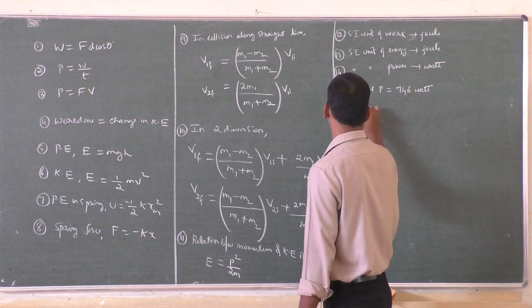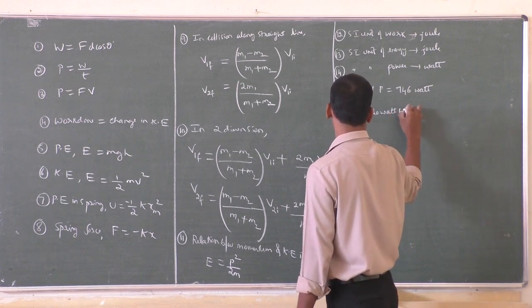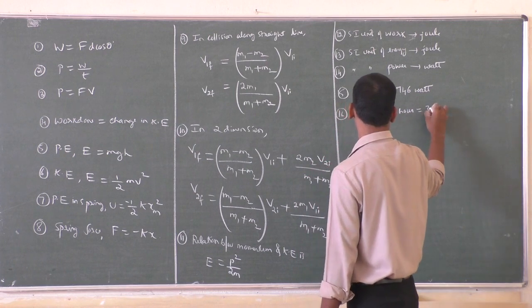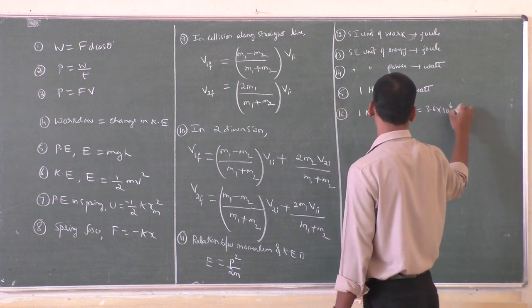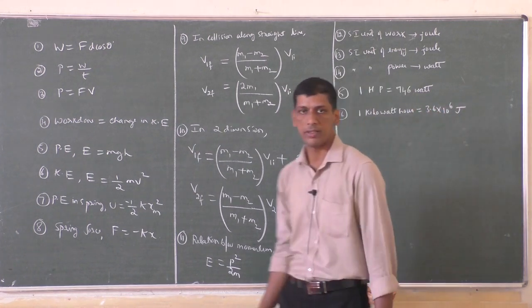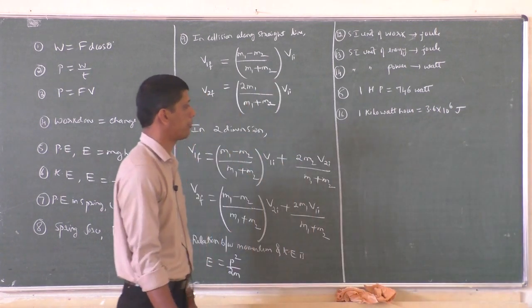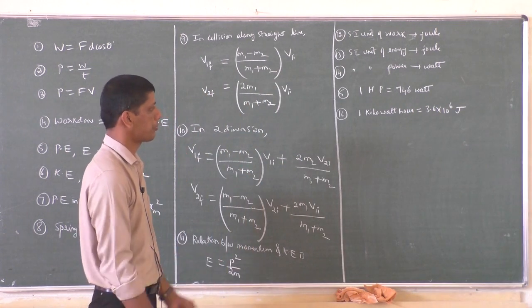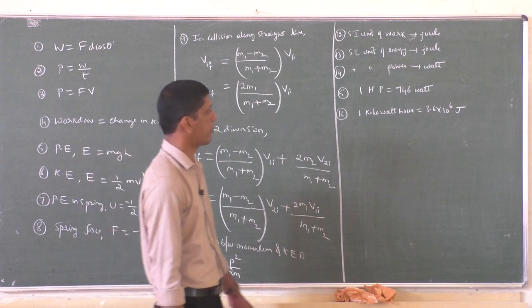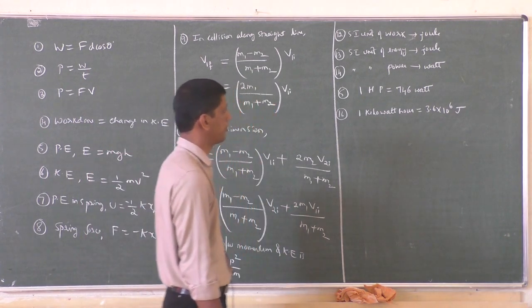Next one, 1 kilowatt hour. What is its value? 1 kilowatt hour is equal to 3.6 into 10 to the power 6 joule. 1 kilowatt hour is a unit of energy, and 1 horsepower is equal to 746 watt.